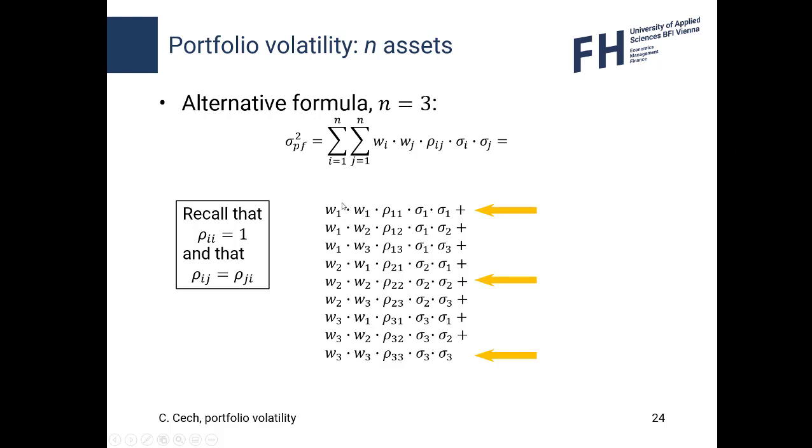It's W1 squared, W1 times W1 is W1 squared, times 1, which we can neglect, times sigma 1 squared. Here we have W2 squared times sigma 2 squared. And here we have W3 squared times sigma 3 squared. Because rho 2, 2 and rho 3, 3 are equal to 1.